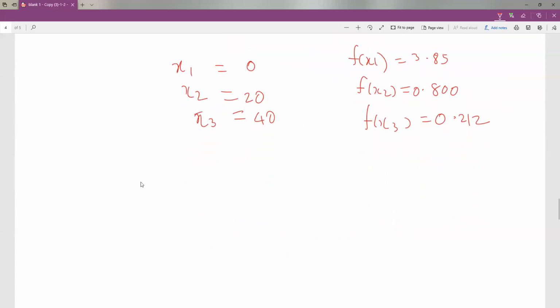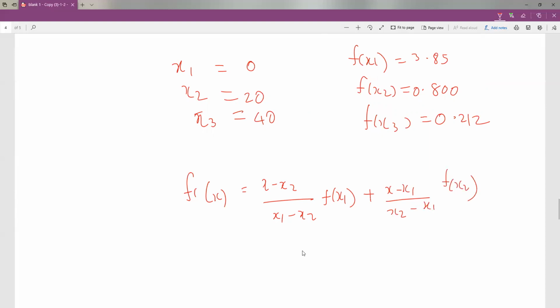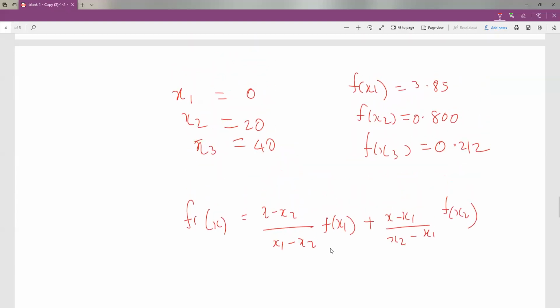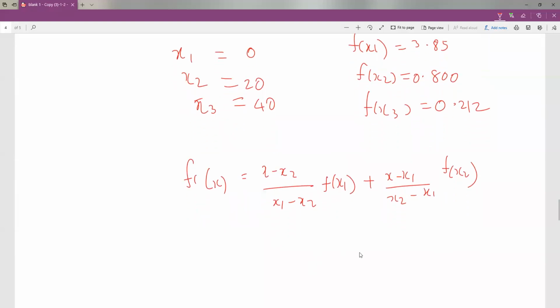If we use the formula for the linear interpolating function, f1(x) equals x minus x2 over x1 minus x2 times f of x1, plus x minus x1 over x2 minus x1 times f of x2, using the first two data points, we can evaluate at x equal to 15, which is not given here.